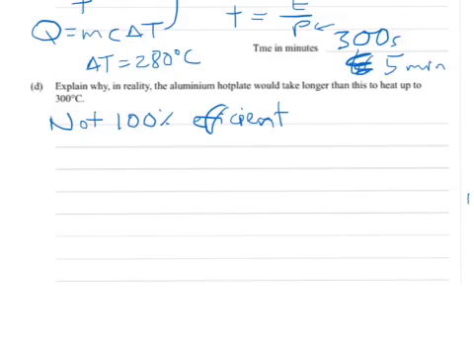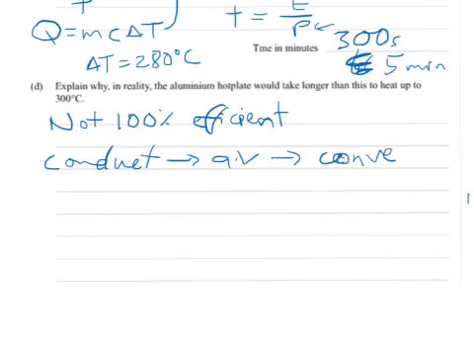Let's see, you would have conduction, because we need to get specific here. So you could have conduction heat which transfers to the air, which then convects away. If you put your hand over the top of a barbecue, you know it feels kind of warm.